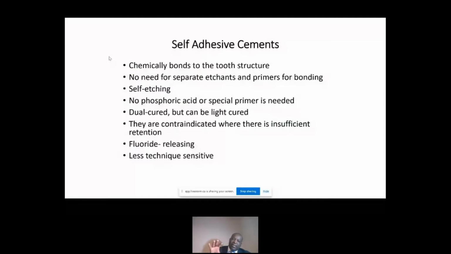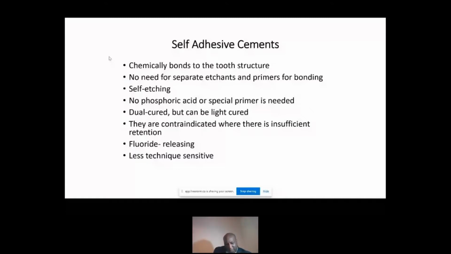So what are the benefits of self-adhesive cements? As we said, these have grown increasing acceptance. Why? Because they produce a chemical bond to tooth structure. And because they are self-adhesive or self-etching, you don't need a separate etch and prime. There's no phosphoric acid. There's no special primer needed. They're dual cured.